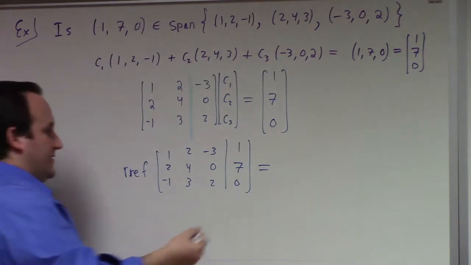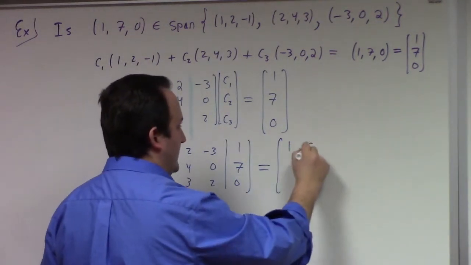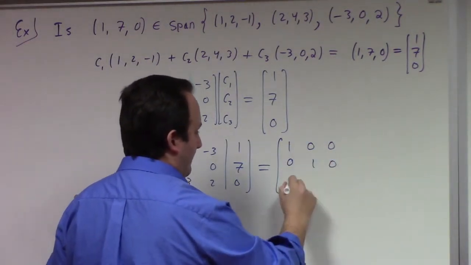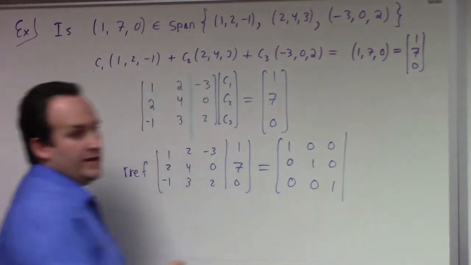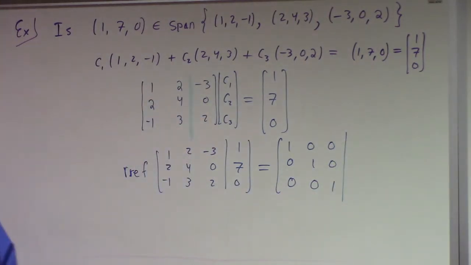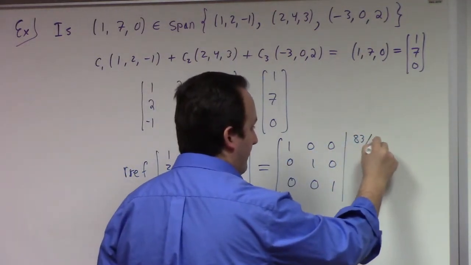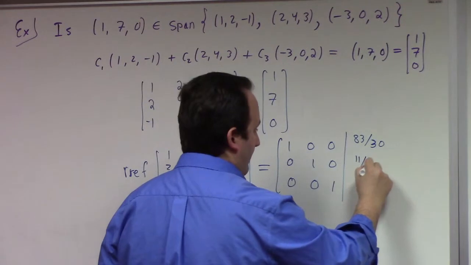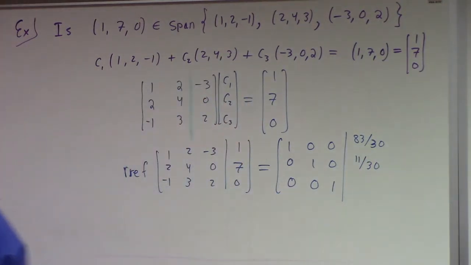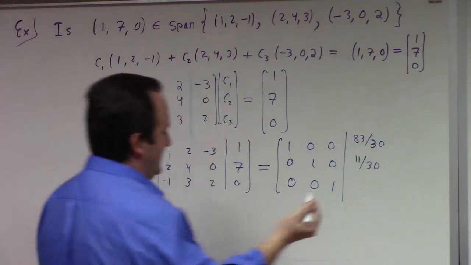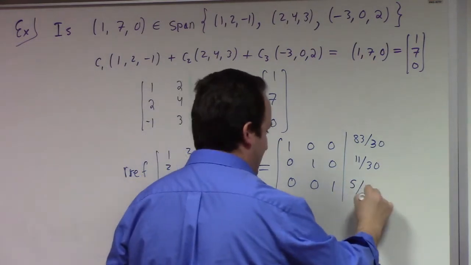So you do a calculation, a few steps, and you get the identity matrix. And then in the last column, what you'll find is 83 thirtieths, 11 thirtieths, and finally 5 sixths. I mean, obviously, everybody can see this.